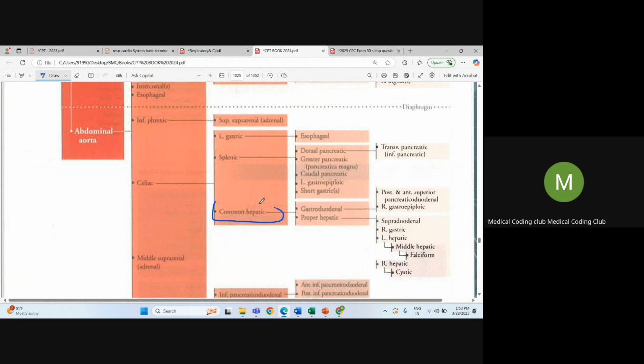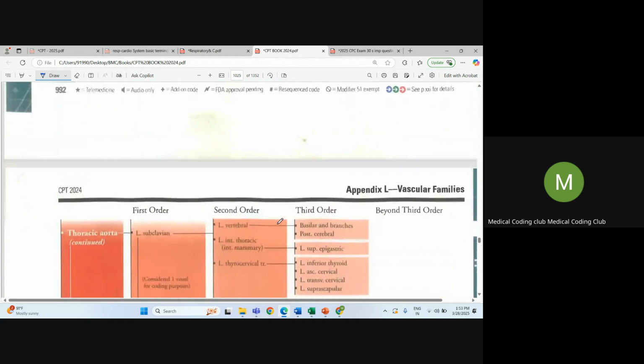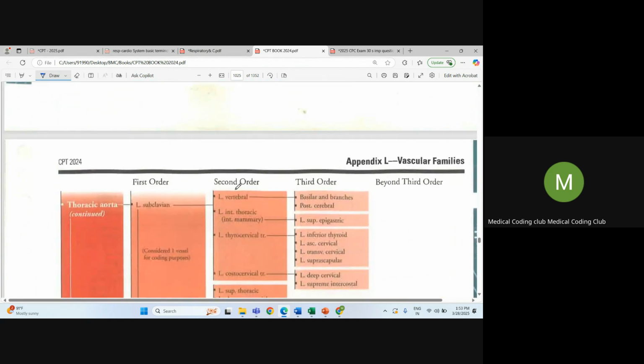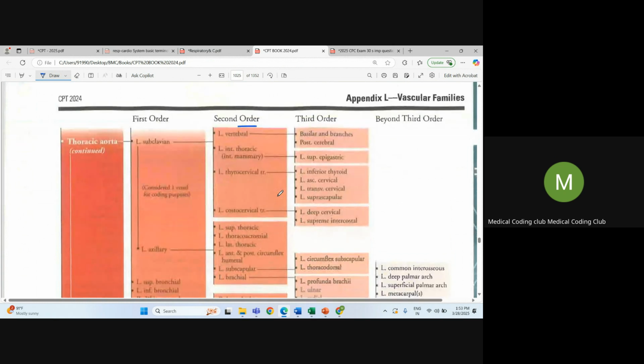See here, common hepatic, which includes proper hepatic. These fall in the second order. Second order means 36246. Why am I selecting 4? Because common hepatic is below the abdomen. So 4 I am selecting, and 6 I am selecting because it is in the second order.